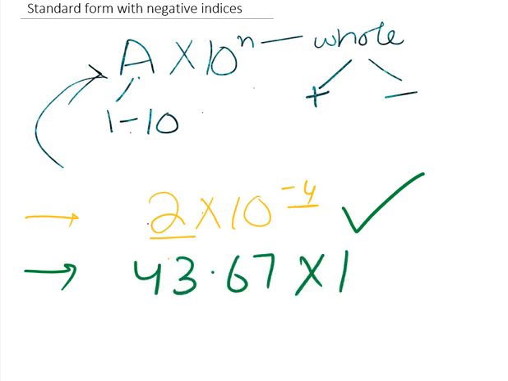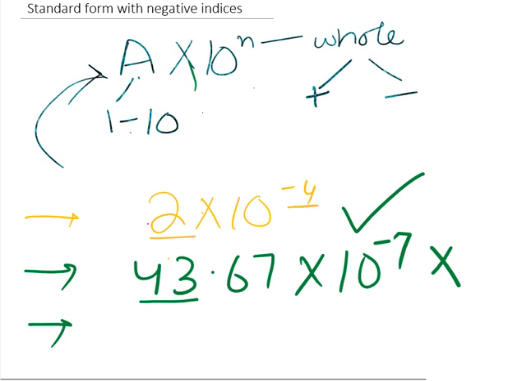Let's take another example, 43.67 times 10 raised to negative 7. Let's say we have this as our first value, the front number. That's 43, which is way greater than 10. Our a value must be between 1 and 10, so it doesn't satisfy the condition for standard form.